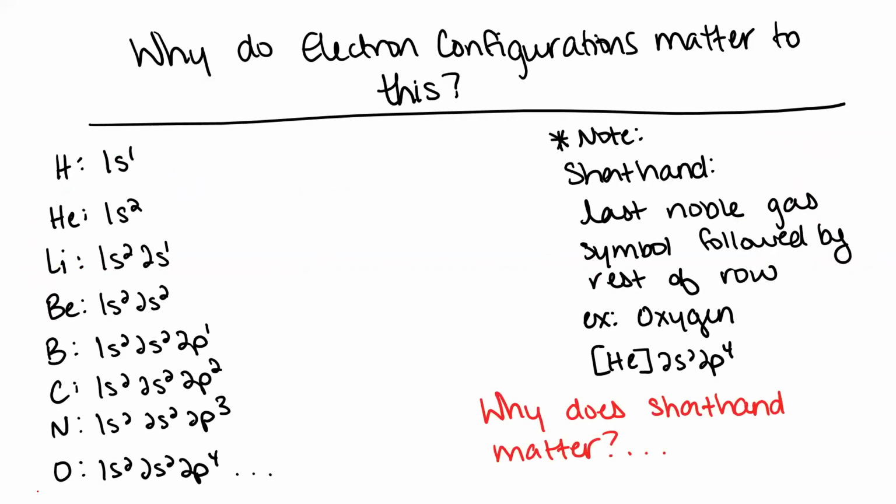Okay, so now you're going to ask me, why do electron configurations matter to this? We've been talking about energy level diagrams and how to fill them and doing orbital diagrams. Why do we care? Because electron configurations are a miniaturized version of essentially how to fill these diagrams.